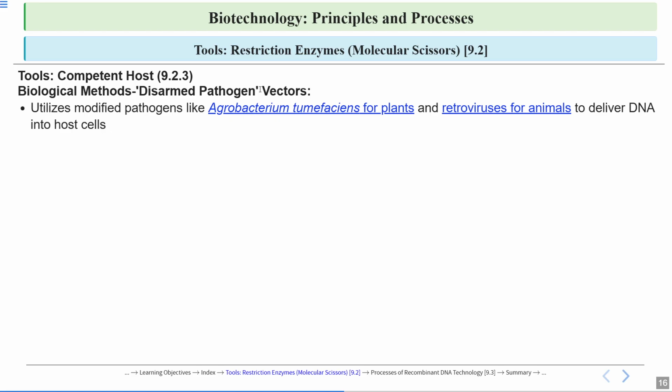Last class I told you how retrovirus has the ability to convert normal cells into cancer cells. But if we disarm these pathogens, they can deliver the DNA into the host cell without causing any disease.